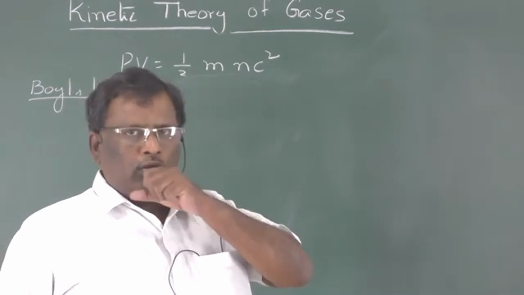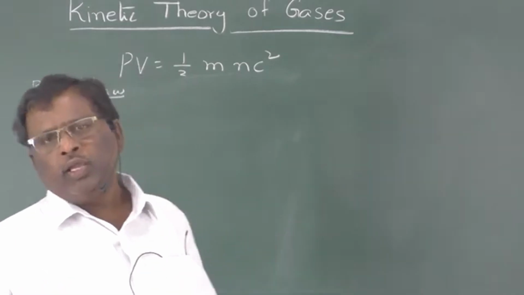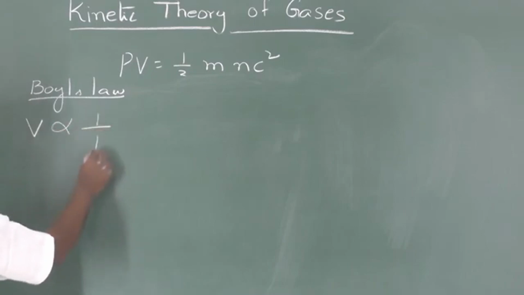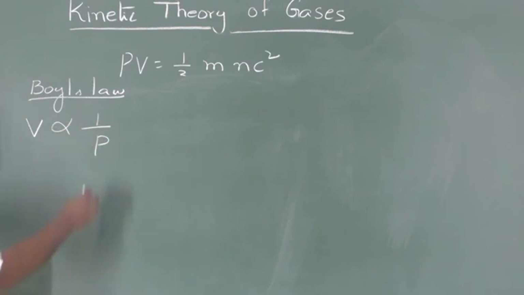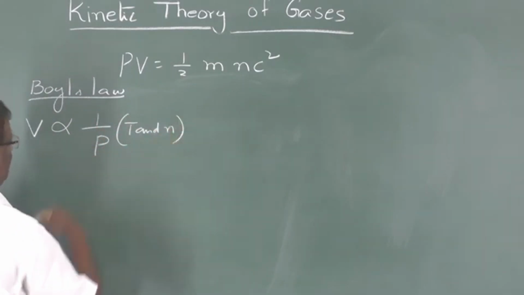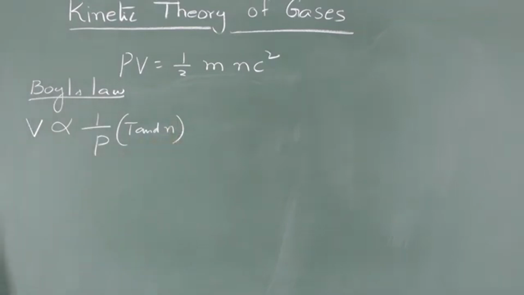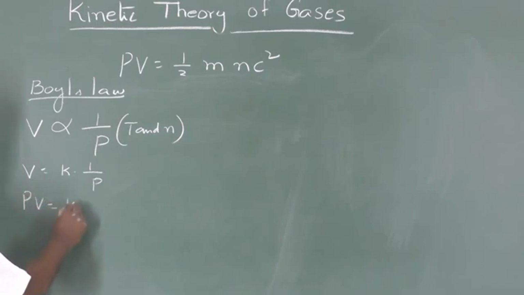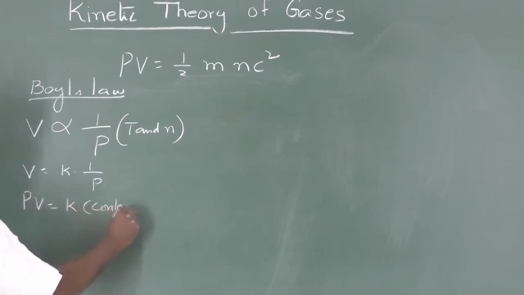According to Boyle, at a given temperature, the volume of a given mass of gas is directly proportional to 1 by P, where T and N are constant. That is, temperature and the number of moles of gas are constant, or V is equal to K into 1 by P, or PV is equal to K, that is constant.